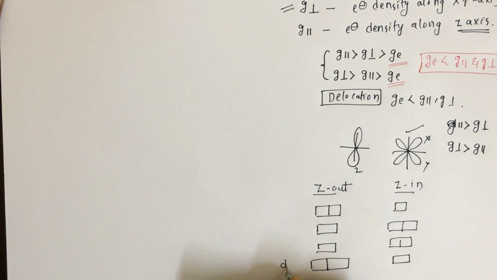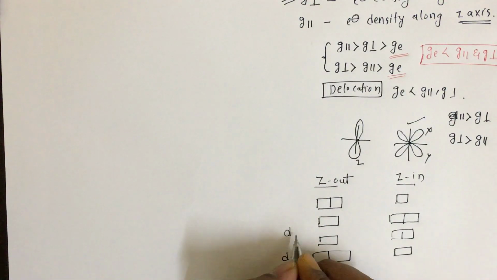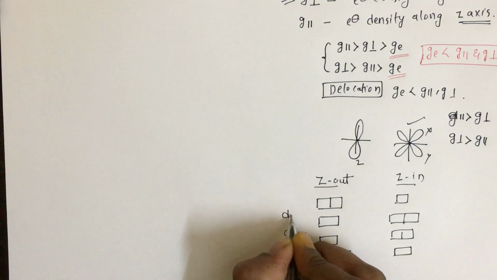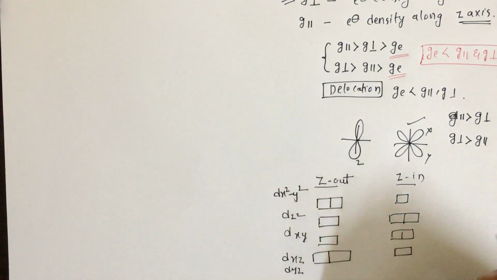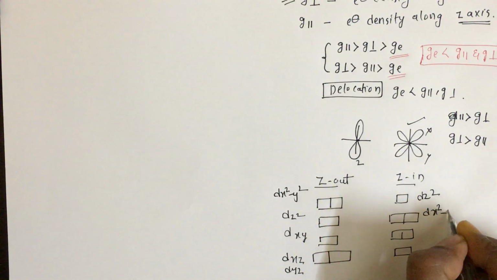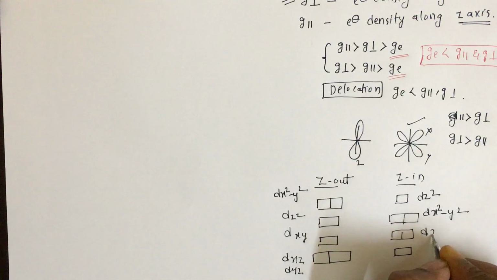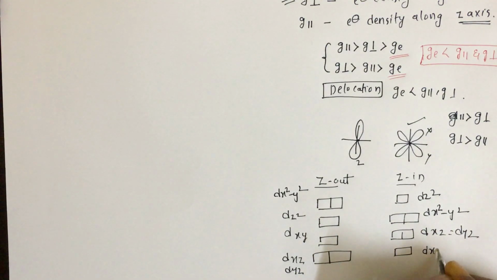So this is dxz, dyz, and this is dxy, this is dz square, this is dx square minus y square. So here this dz square, dx square minus y square, dxz and dyz, and this is dxy.